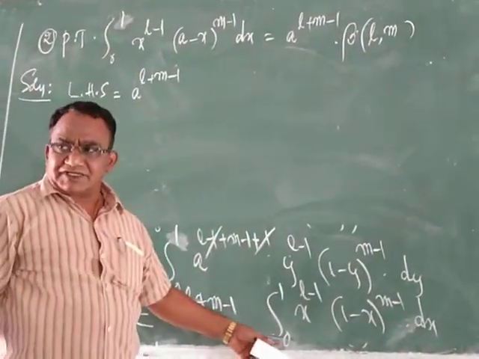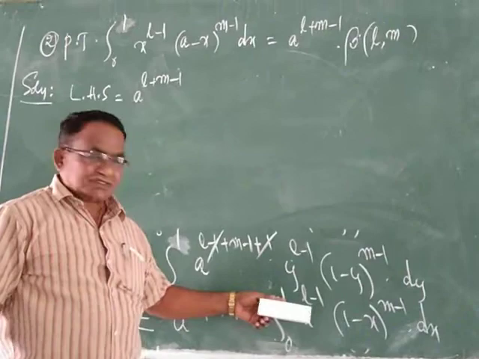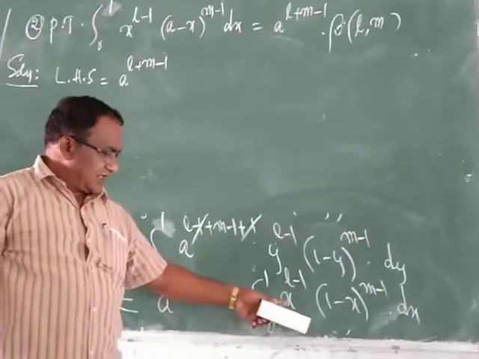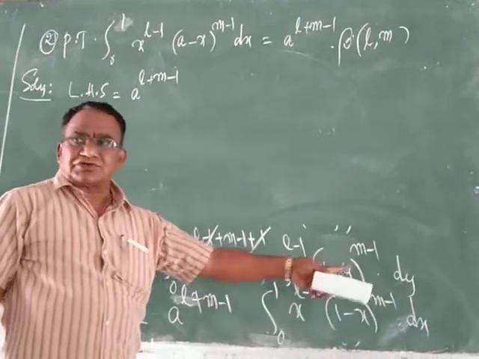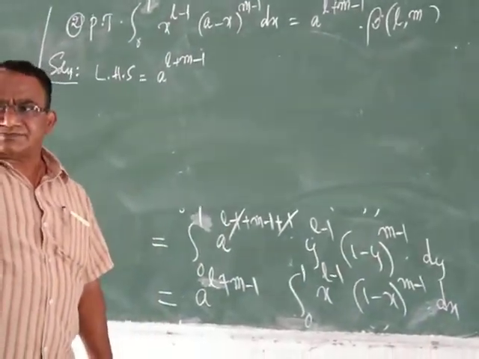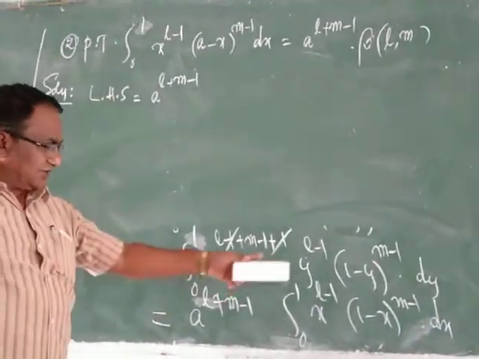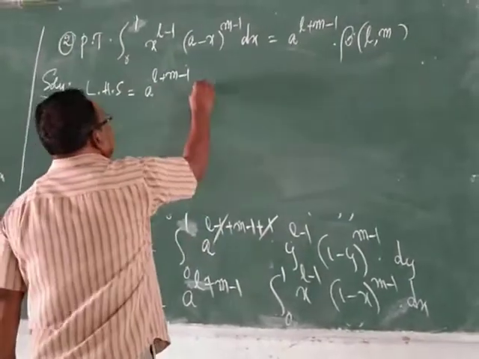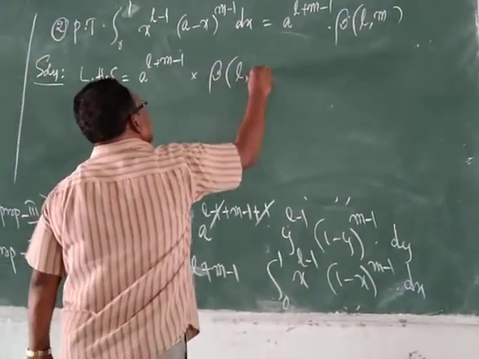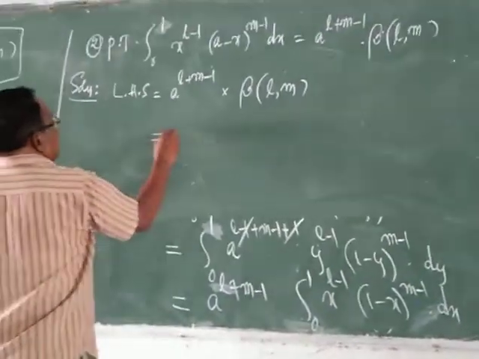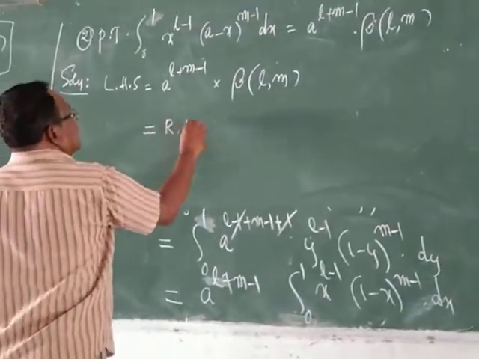Exactly, this is of the type integral from 0 to 1 of x to the power l minus 1 into 1 minus x whole to the power m minus 1. Okay. So what is it? By the definition of beta function, it is beta l, m, which is nothing but your RHS.